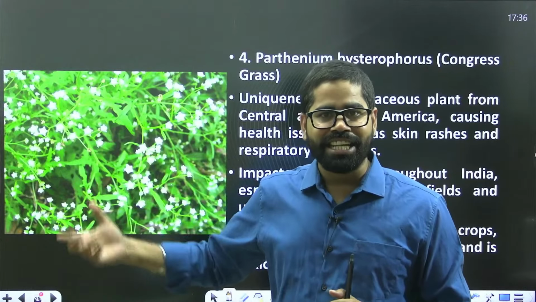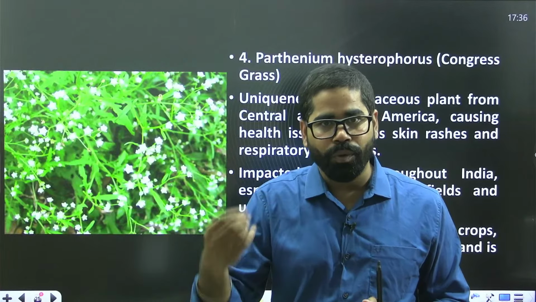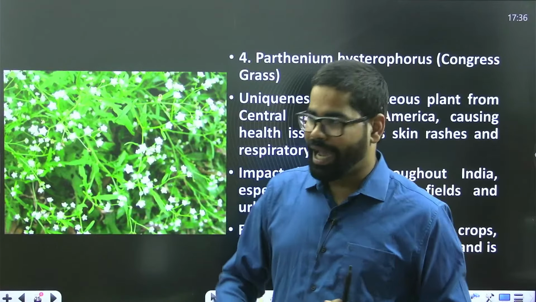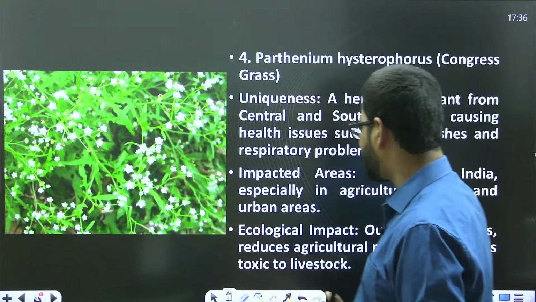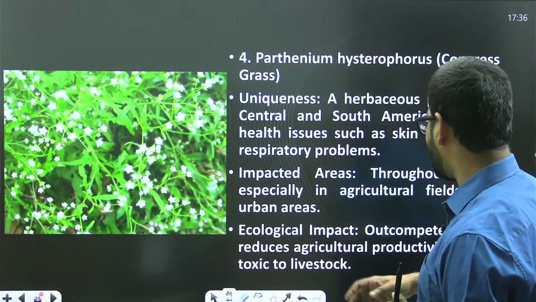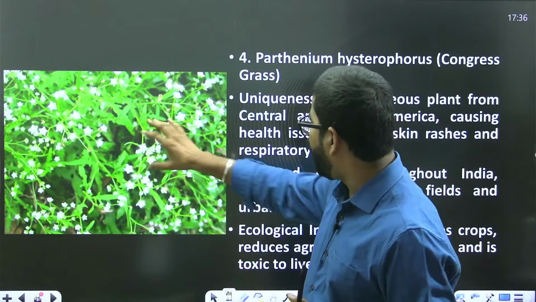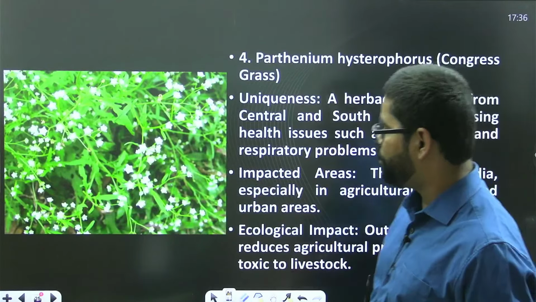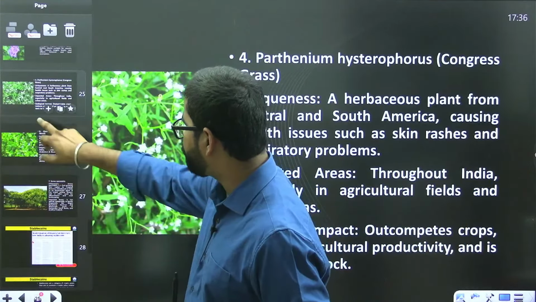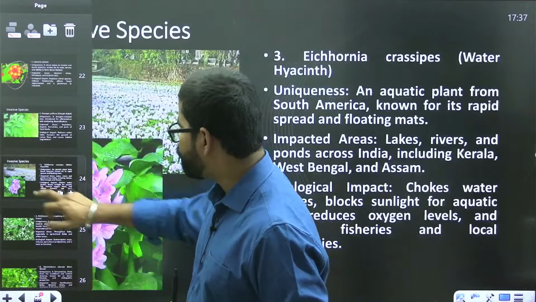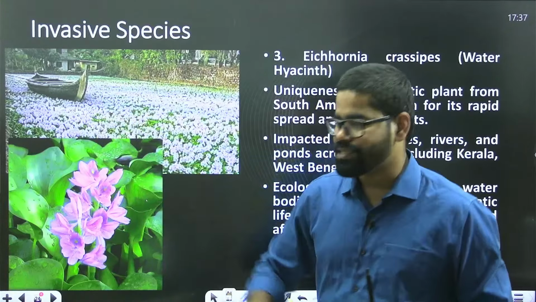It is increasing the cost of agriculture. There is a requirement of herbicides and all, and it is harming the plants in our country. So it is reducing the agricultural productivity, that is Congress grass or Parthenium. Then you will find this one, the water hyacinth.